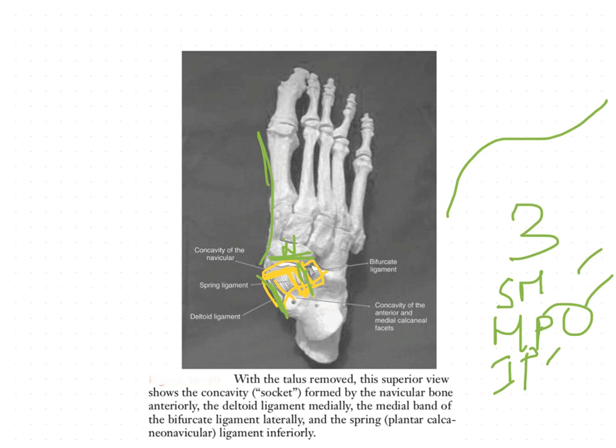In weight bearing, therefore, the talonavicular joint and subtalar joint are both anatomically and functionally related.